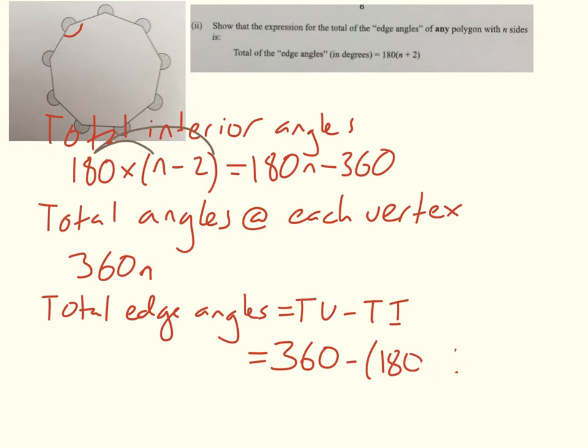So 180n minus 360. So that will simplify out to, hopefully, what we want, which is 180n. Have I done that wrong? Sorry, there's an n in there.